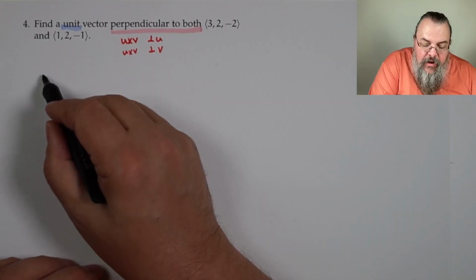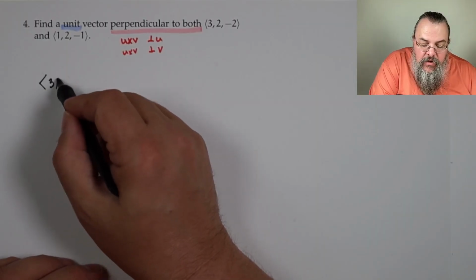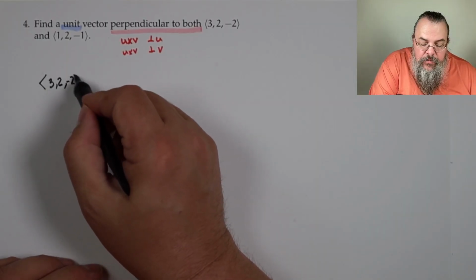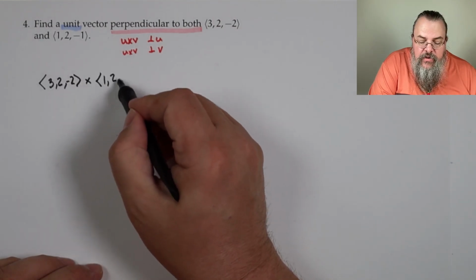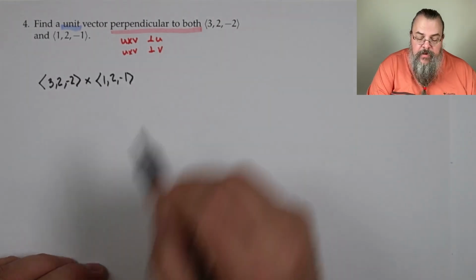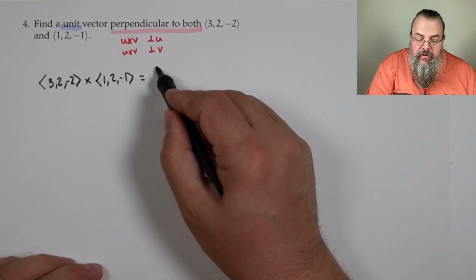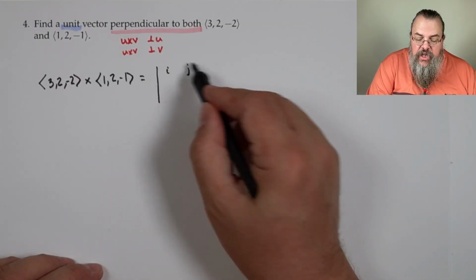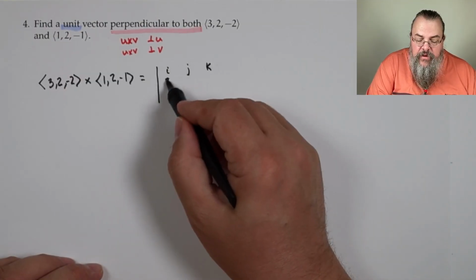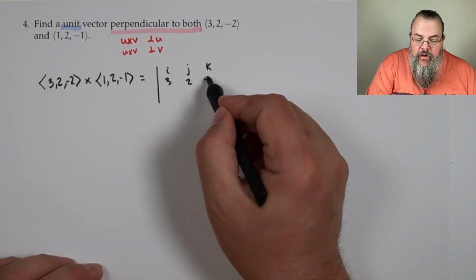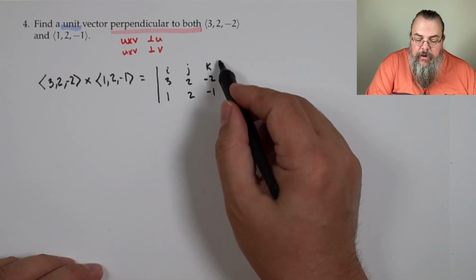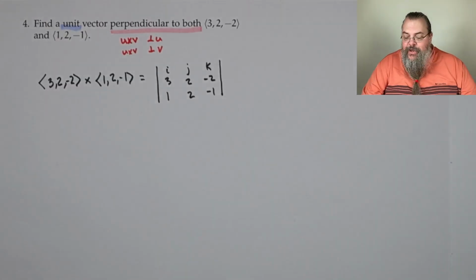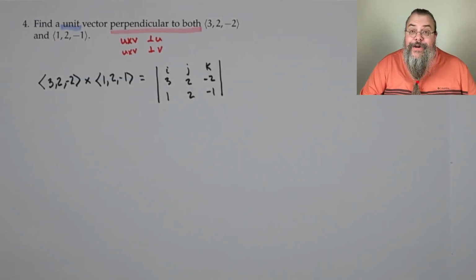So we're going to take our 3, 2, negative 2, cross that, 1, 2, negative 1. We set up our matrix, I, J, K, 3, 2, negative 2, 1, 2, negative 1. All right, time for us to go and do our diagonals.